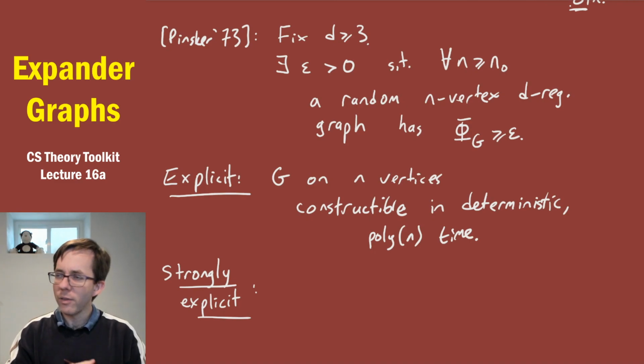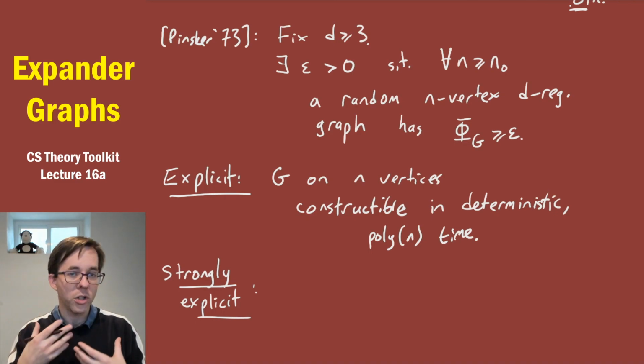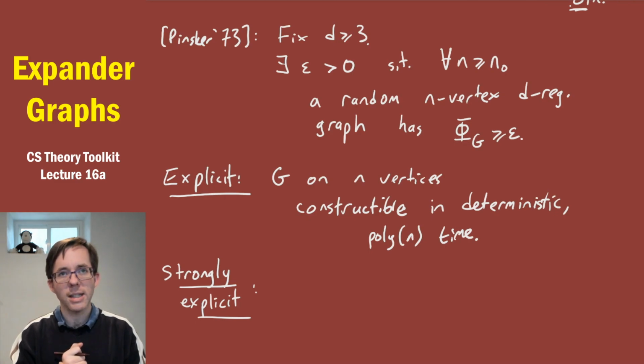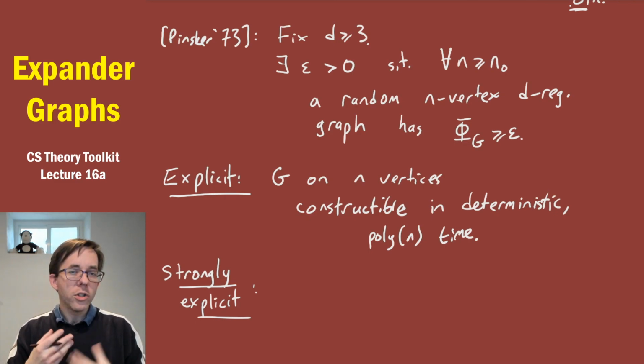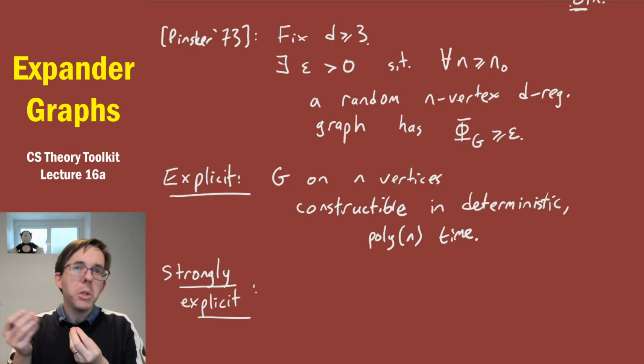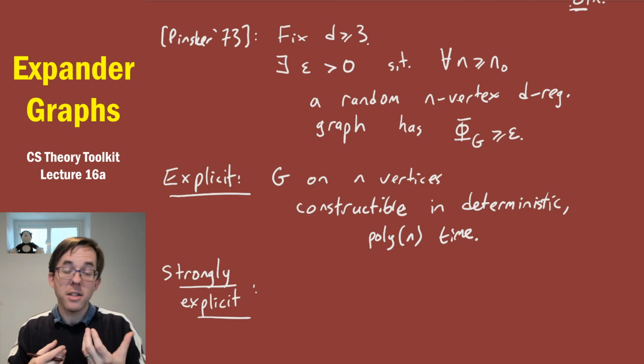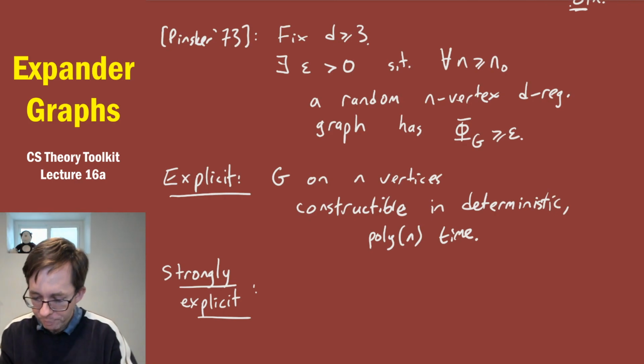Now, you have to think a little bit about what that means. How can you, in polynomial time, create or describe a graph on 2 to the n vertices? Well, you describe it implicitly. You describe it by an algorithm that can compute, let's say, the adjacency list situation in polynomial time.